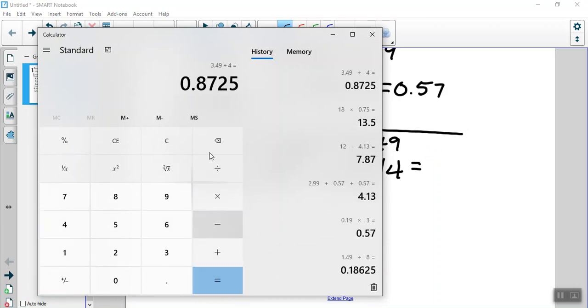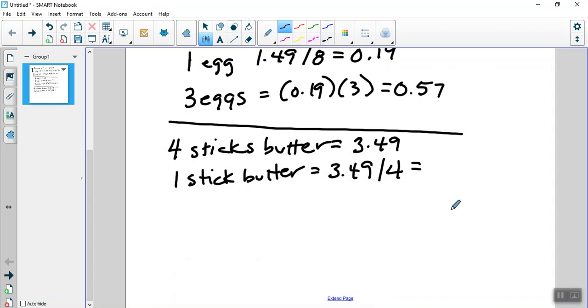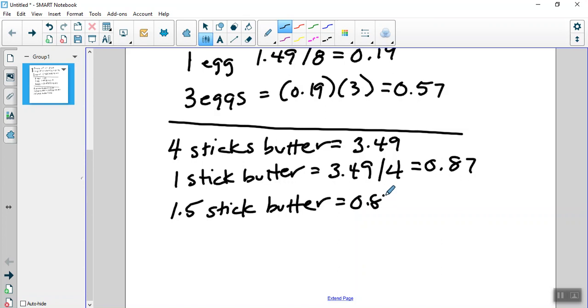So 87 cents. And now to find 1.5 sticks of butter, I'm going to multiply 87 cents times 1.5.